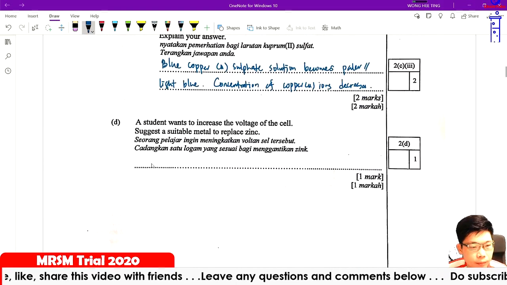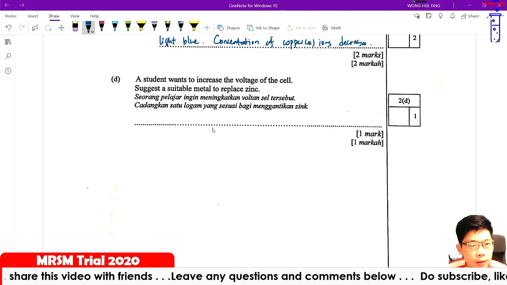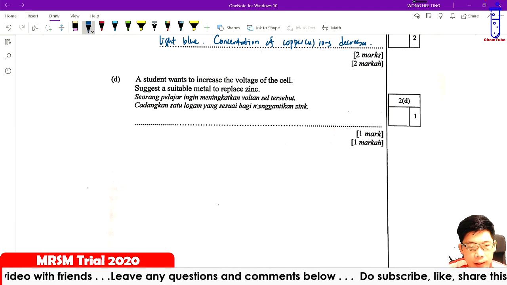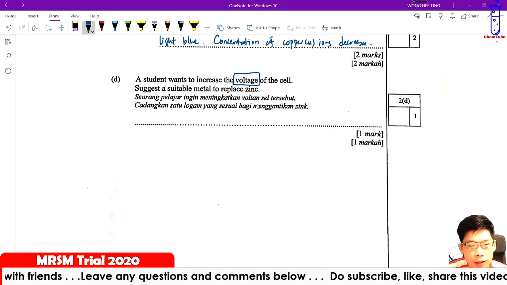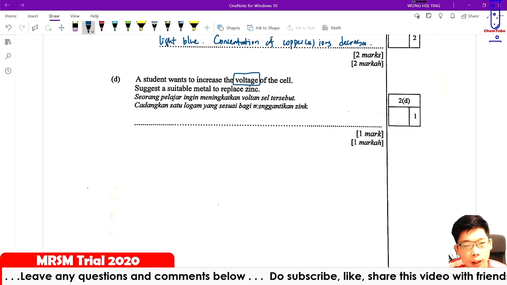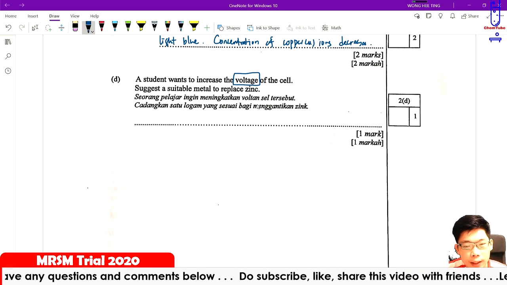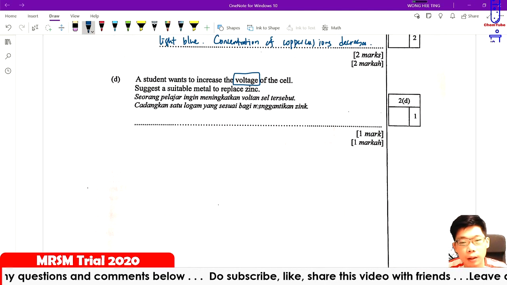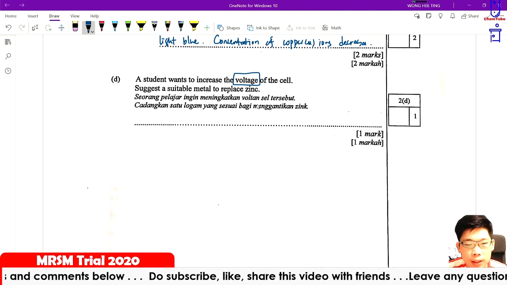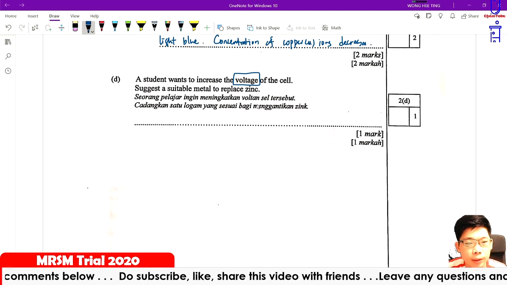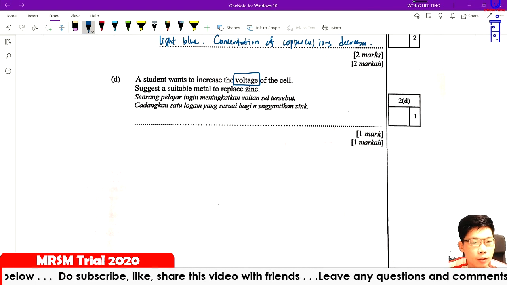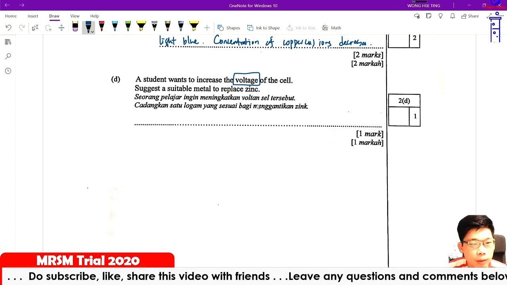Okay. Now, as students want to increase the voltage of this cell. So the concept here, if you want to increase the voltage, meaning that we have to increase the distance between the two metals in the electrochemical series. So suggest a suitable metal to replace the zinc.